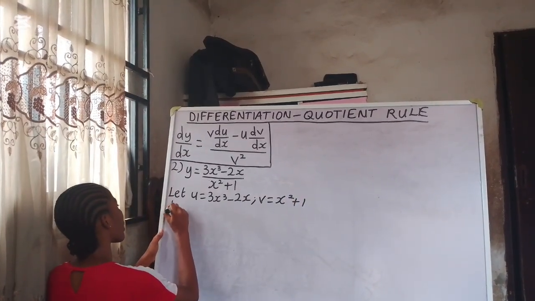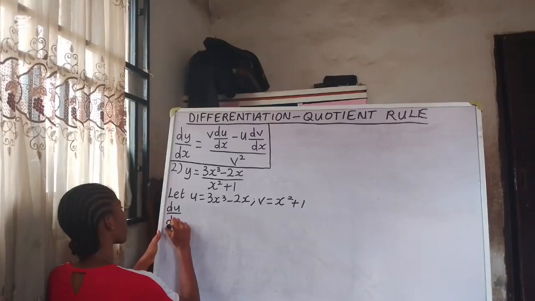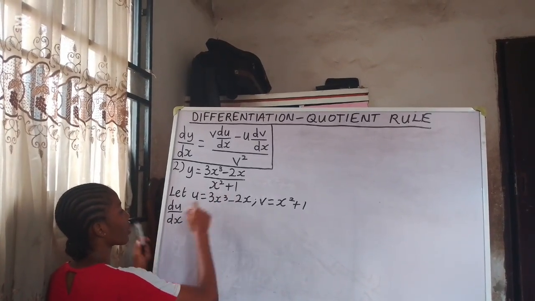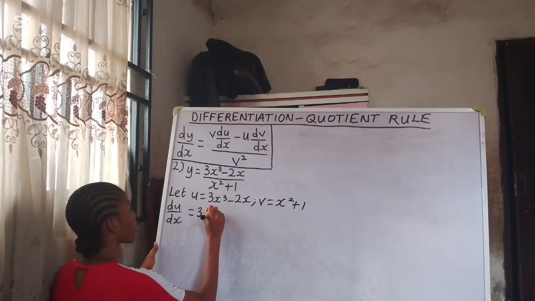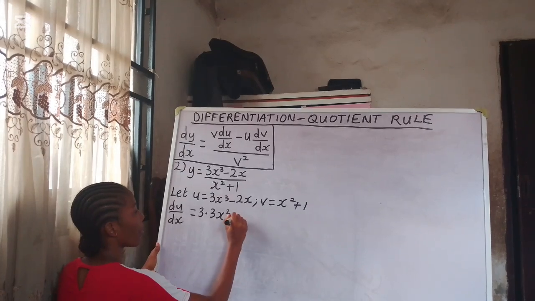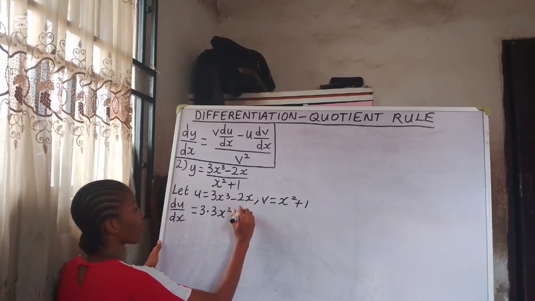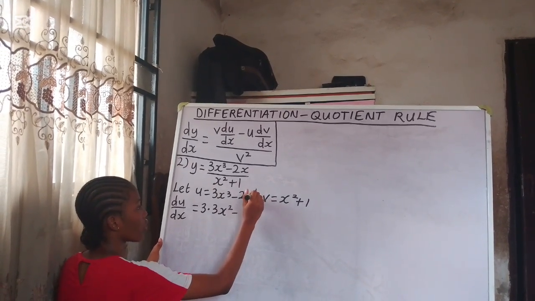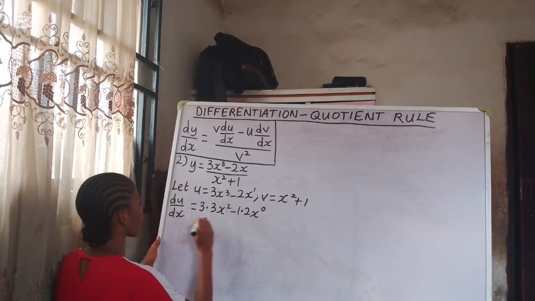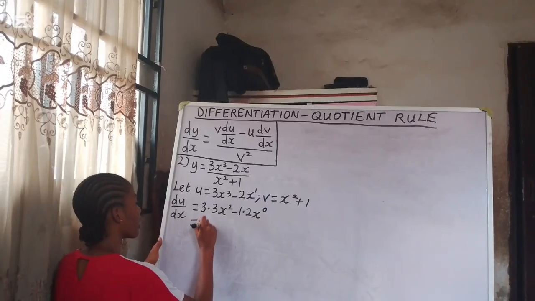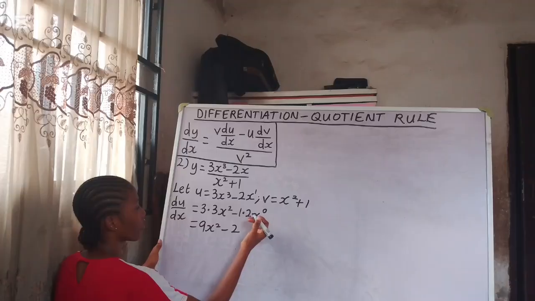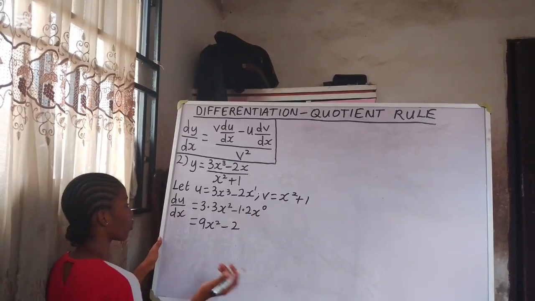Differentiating these parameters, we have du by dx equals 3x cubed: bring down the power 3, it will be 3 times 3x, subtract 1 from the power, this will now be 2. Minus, differentiating 2x, this is like an invisible power 1, bring down the power, 1 times 2x to power 0. This gives us 3 times 3, 9x squared, minus 1 times 2. X to the power of 0 is 1, so this is still 2.